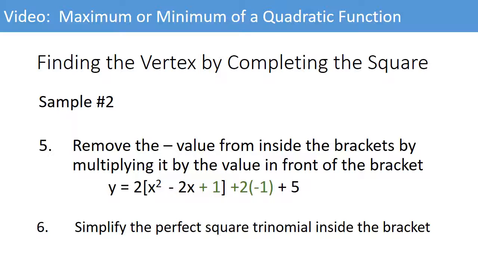Simplify the perfect square trinomial inside the bracket. We will get 2 times (x minus 1) squared plus 2 times negative 1 plus 5.